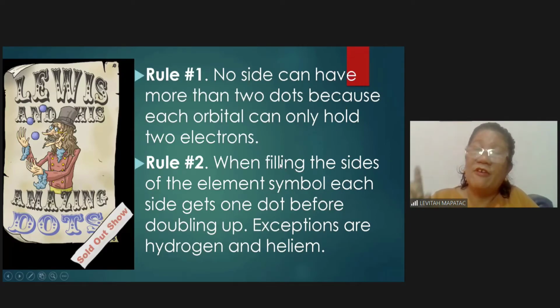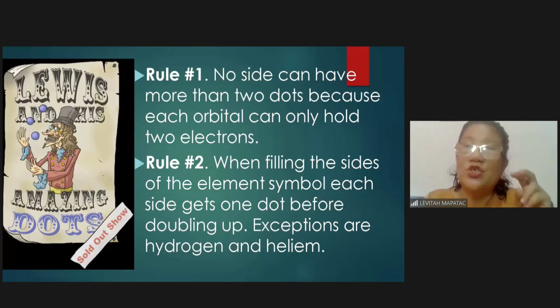The next one is 2 maximum in every side. How many maximum? That is 8, but in every side there should only be a maximum of 2. There are 4 sides, so 4 times 2, there should be 8 dots or 8 electrons.